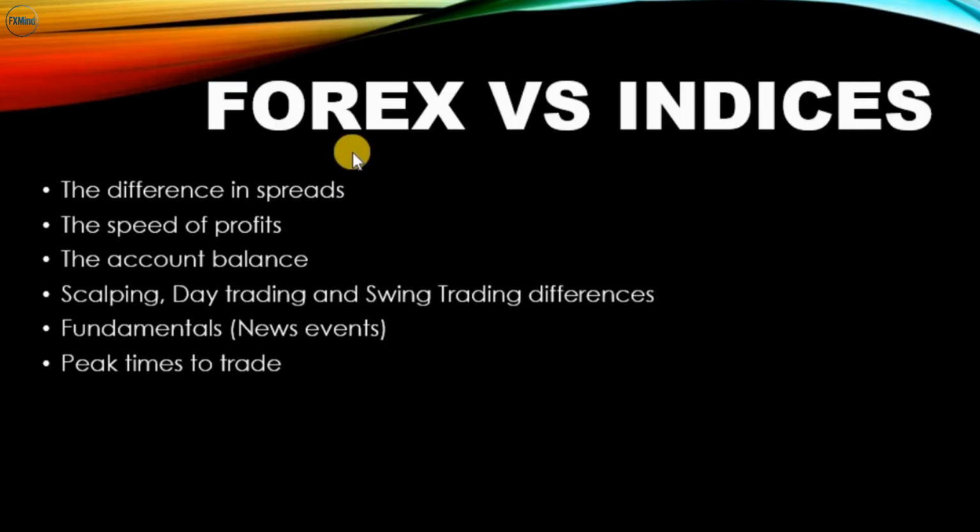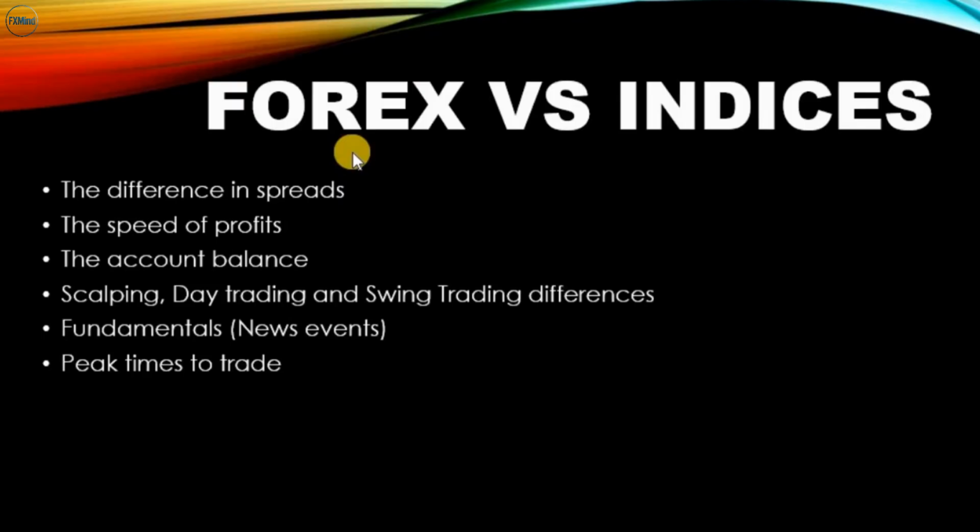But in indices, in a news event, for instance, the New York Stock Exchange open that happens at 3:30 South African Standard Time, you can make an extreme amount of pips. For instance, I don't know, 300 pips from the first few candles.